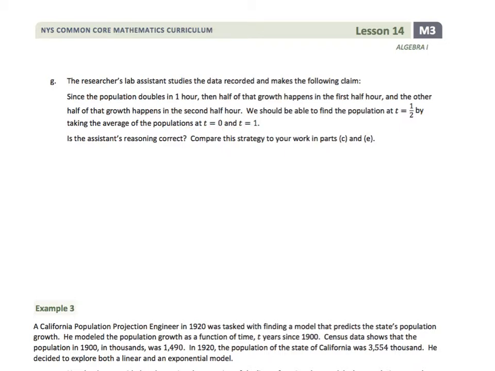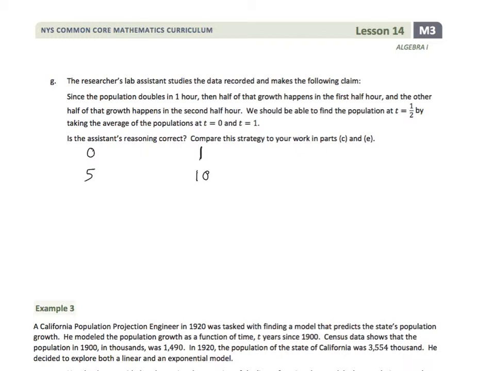Well, let's figure out what this is saying first. That means that if I have some population, let's say 5 in the beginning, and let's go ahead and do the table. So at 0, 5, and at hour 1, I have a population of 10. Let's make that a little bit straighter.